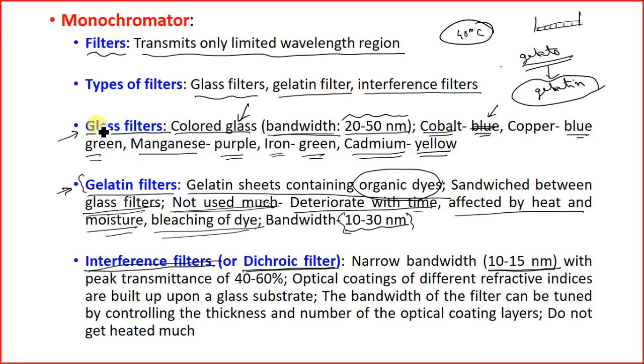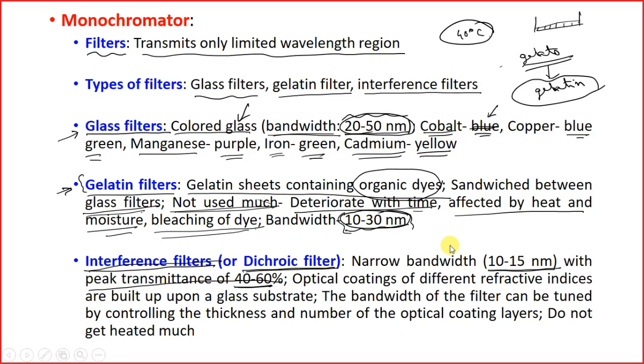So if you see, the glass filter had the largest bandwidth. Then when you go for the gelatin filters, it was reduced, and when you go for the interference filters, it will again be reduced to a great extent. Okay, and over here the peak transmittance is 40 to 60%.